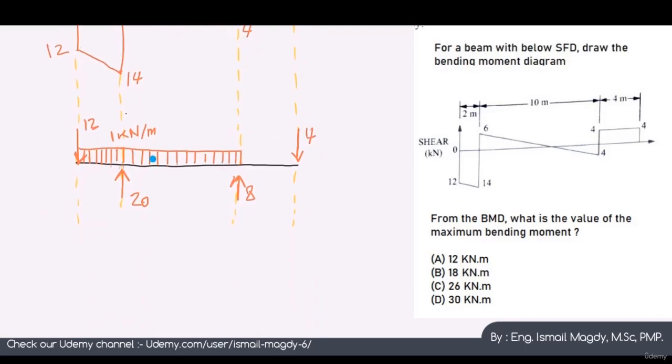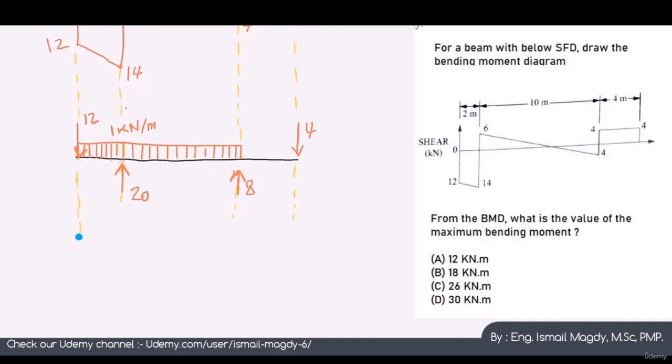So now this is how our beam looks like. We have this 12 kilonewton vertical, this 4 kilonewton vertical downward, this distributed force of 1 kilonewton per meter, and 2 vertical supports of 20 kilonewton and 8 kilonewton going upward. And now it will be easy for us, like we learned, to draw the bending moment diagram for it.